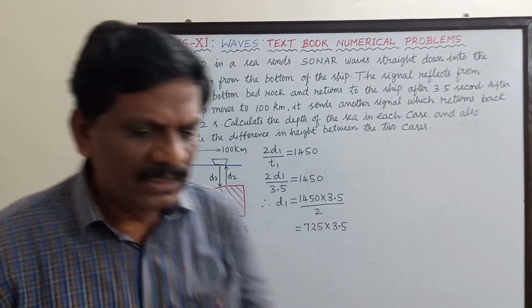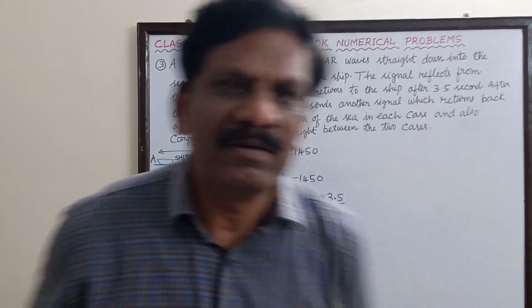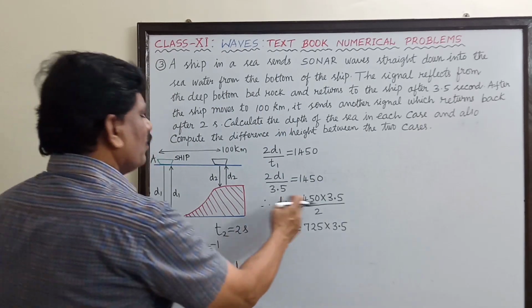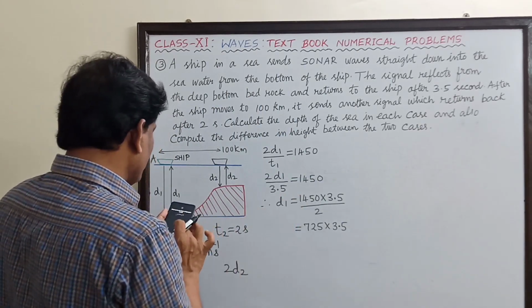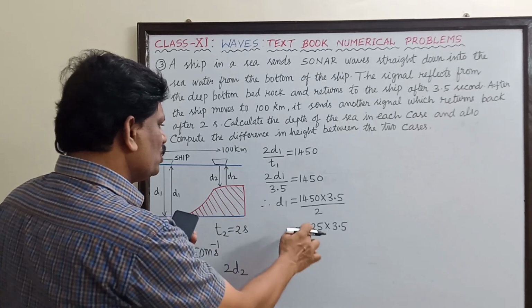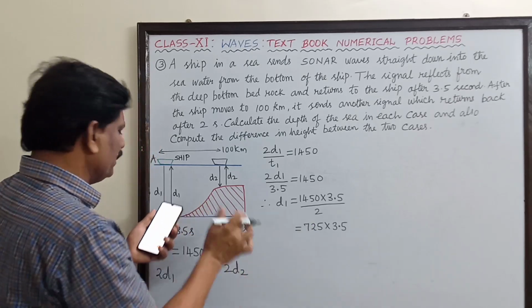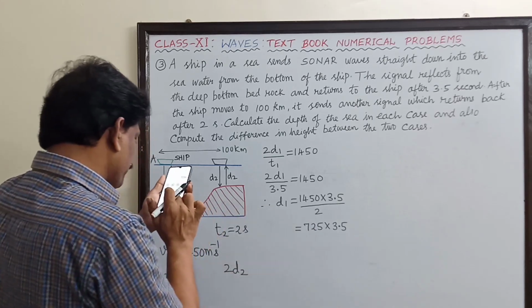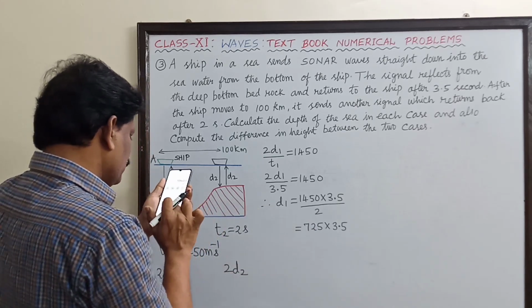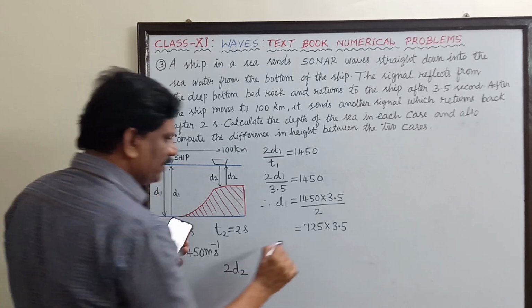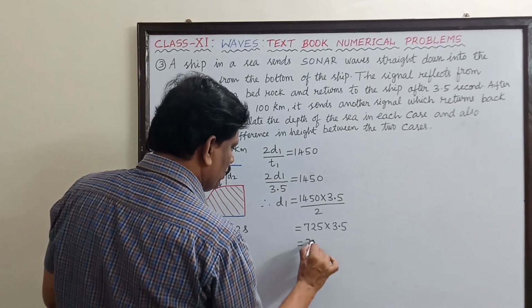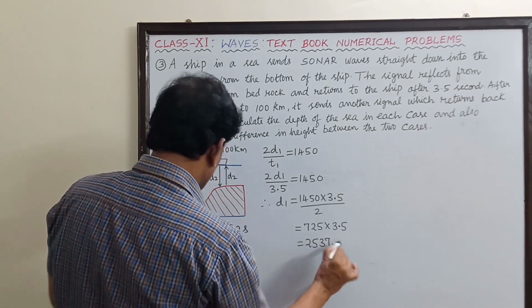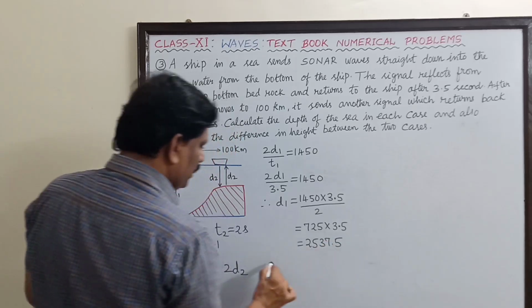We will use the calculator to find the value. 1450 divided by 2 is 725, and this 725 should be multiplied by 3.5. So the value is coming as 2537.5.